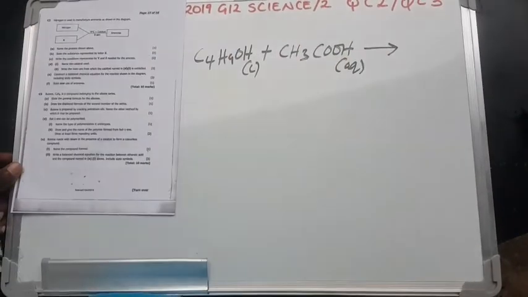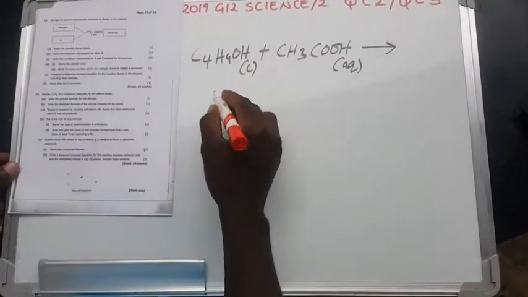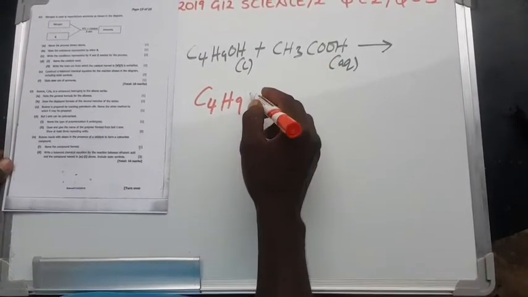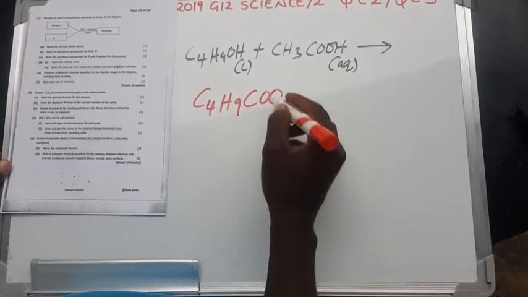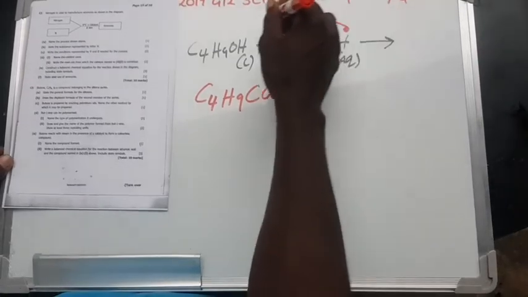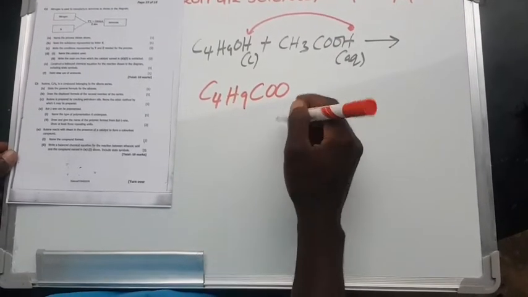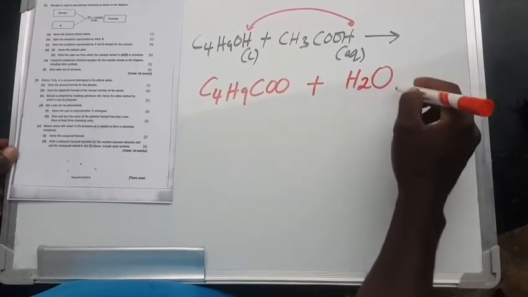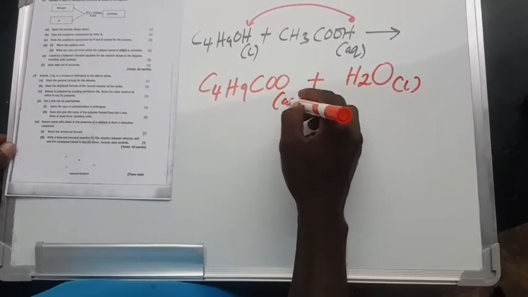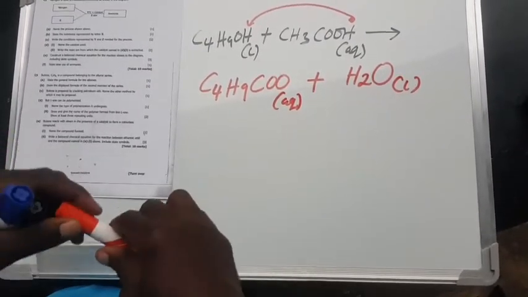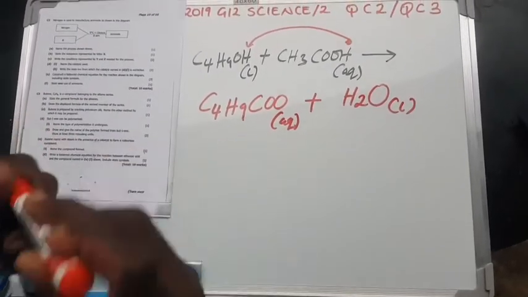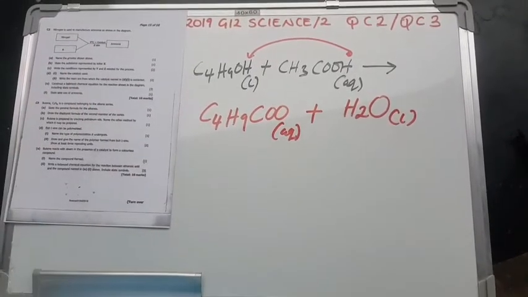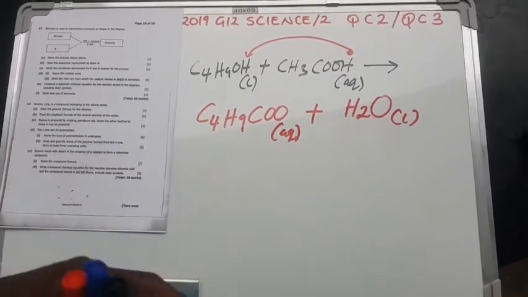So they are going to form something like this: C4H9COO, and the hydrogen here will combine with the OH there to form water. And water is a liquid, and this is aqueous. So that's how the formula should be, and it's automatically balanced. So thank you for watching. See you in the next video.